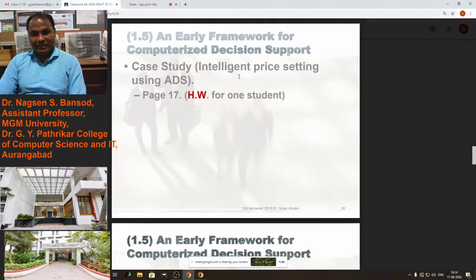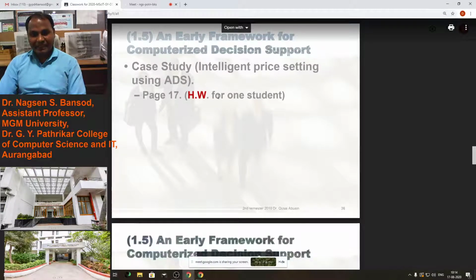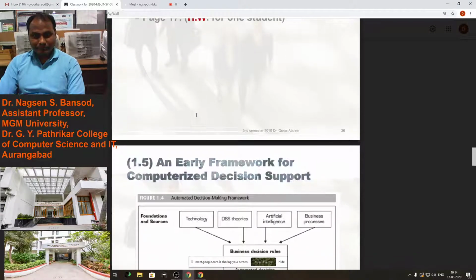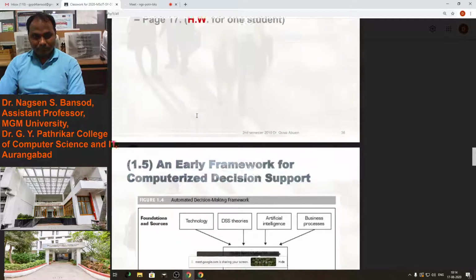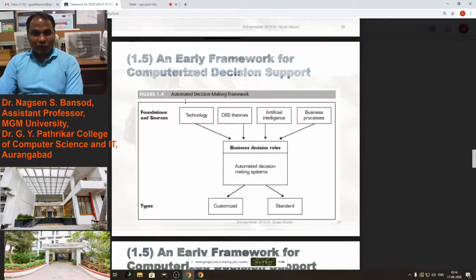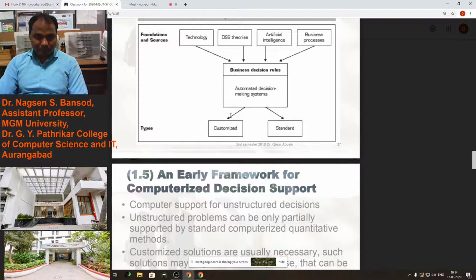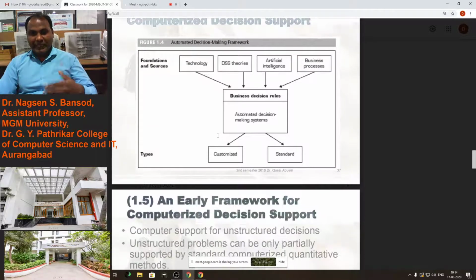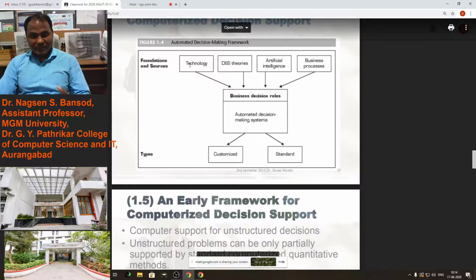Now the case study, intelligent pricing setting using ADS. We will see that later. Now the automated decision making framework. There is a three layer architecture. First layer, foundation and sources.